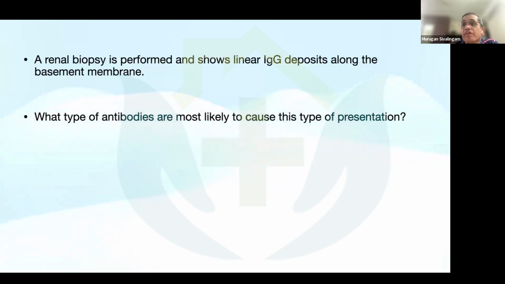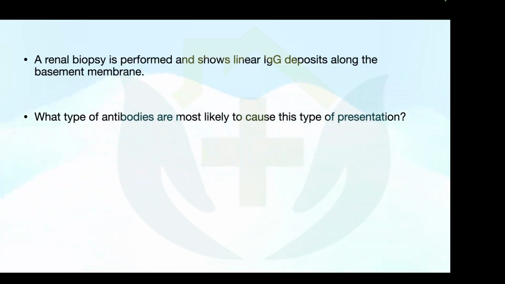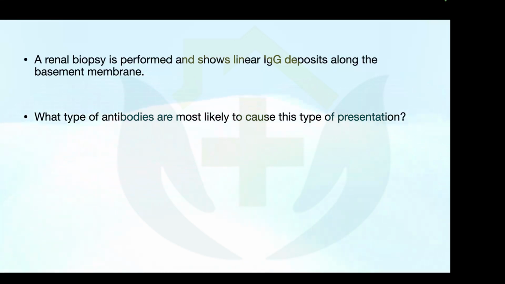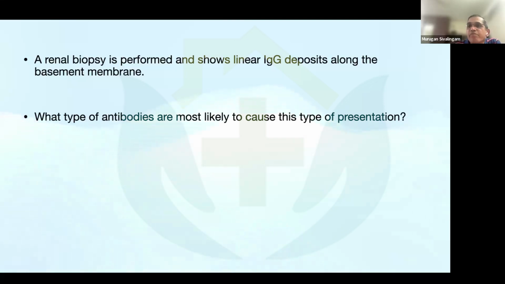Because if you look at the light microscopy, what will they both have? Crescentic glomerulonephritis. That's right. So with light microscopy, one cannot distinguish between Goodpasture's and ANCA-positive vasculitis.